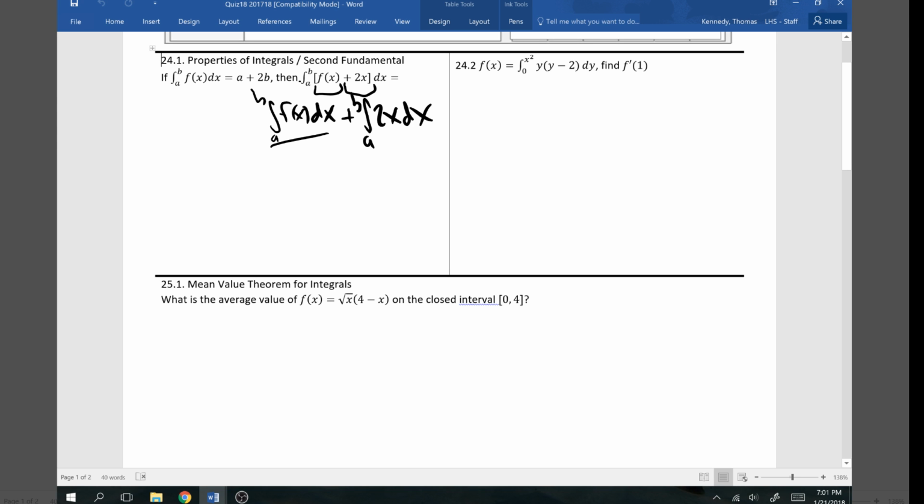It's a plus 2b. So I just replace that with a plus 2b. And then the integral from a to b of 2x dx, I need to actually integrate. So I integrate it, and I get x squared. Then I plug in my bounds, and I get a plus 2b plus b squared minus a squared. And this was the answer for like half of the folks.